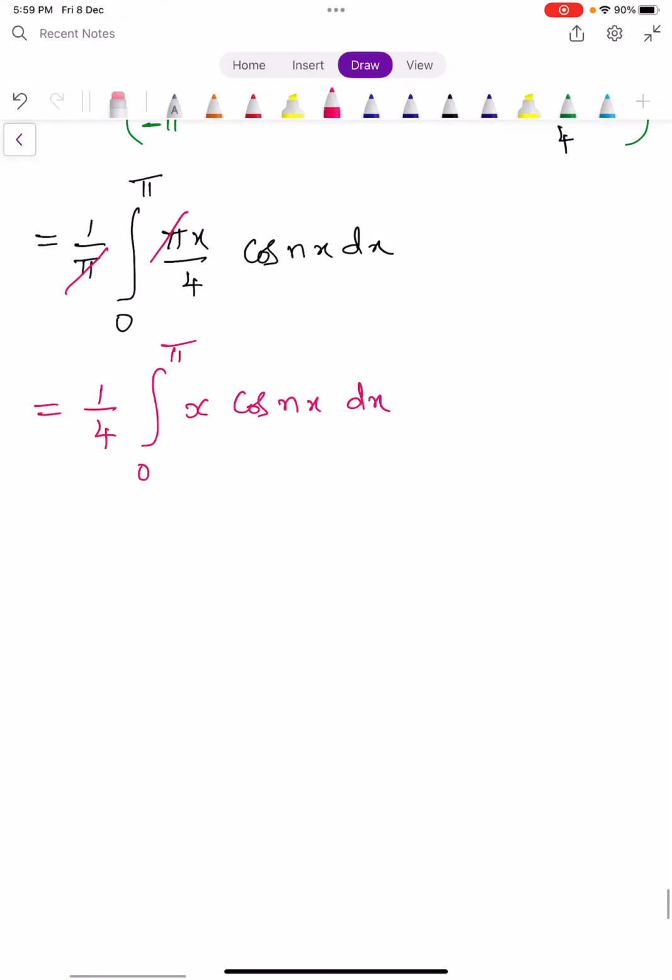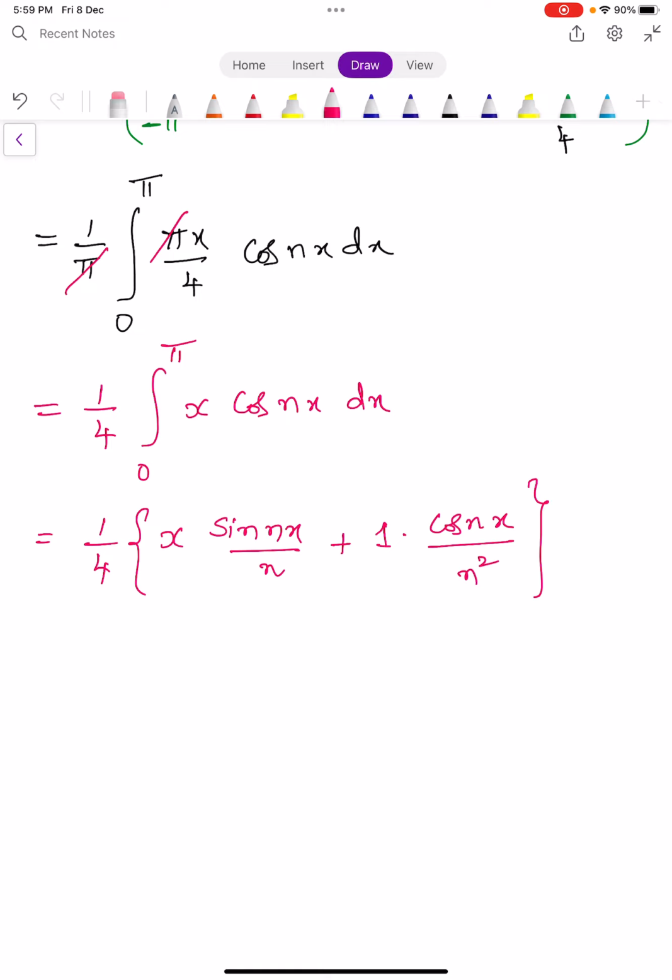I am going to use Bernoulli's principle. 1 by 4, x times integral of cos nx, which is sin nx by n, minus again the integral of u dash, 1, times the integral of sin nx, which is minus cos nx by n square, and the limits are 0 to pi.